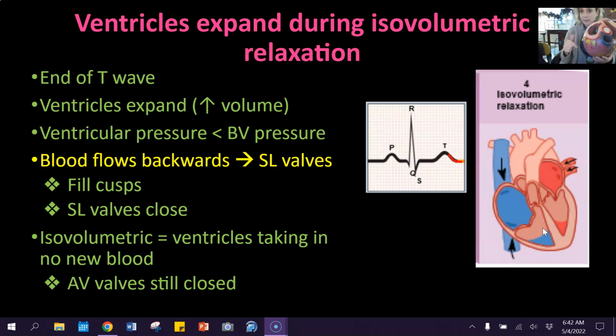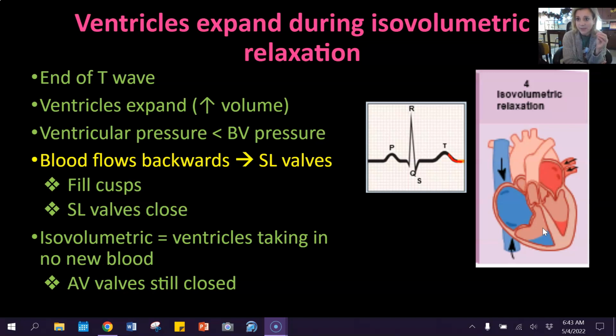So this is an important phase in the cardiac cycle for our cardiomyocytes, because this is when they get their supper. This is when they get oxygenated blood and nutrient-rich blood from our systemic blood flow.